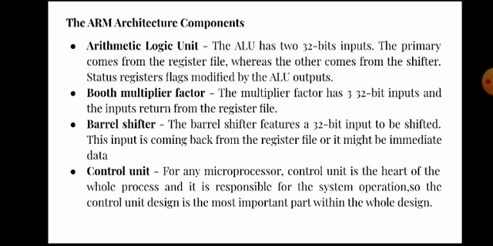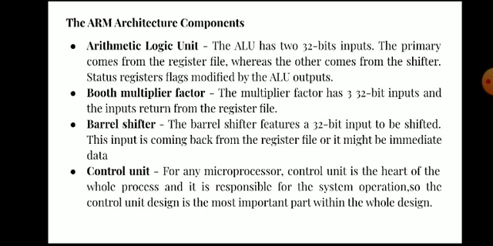The ARM architecture components. Arithmetic logic unit. The ALU has two 32-bit inputs. The primary one comes from the register file, whereas the other comes from the shifter. Status register flags are modified by the ALU outputs. Booth multiplier factor.